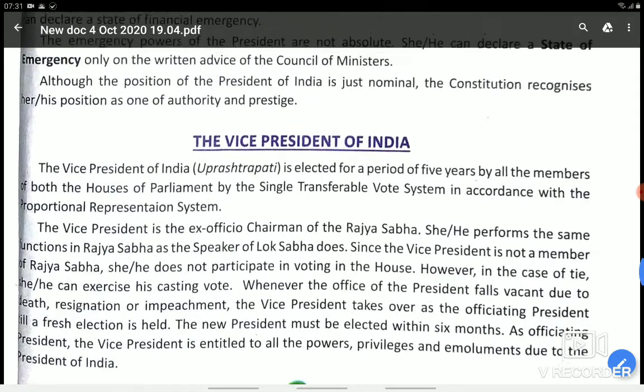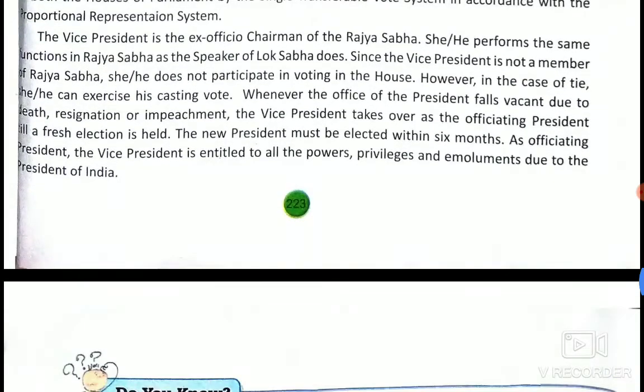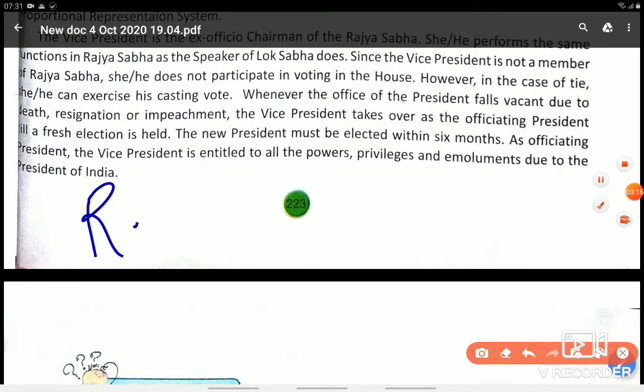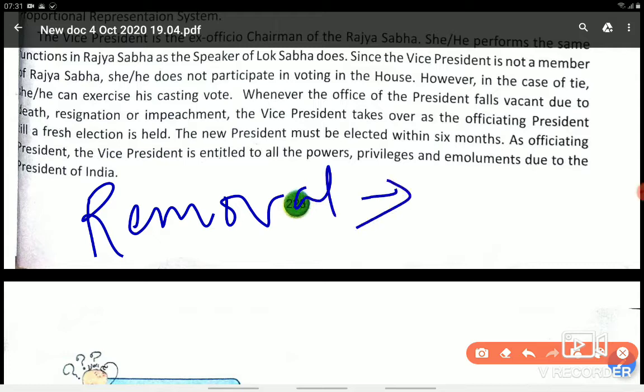Next is the removal process. If you go through the removal process, there is also a difference. In the case of the president, impeachment takes place. But in the case of the vice president, no impeachment takes place. An act has to be passed by Rajya Sabha and that has to be passed also by Lok Sabha.